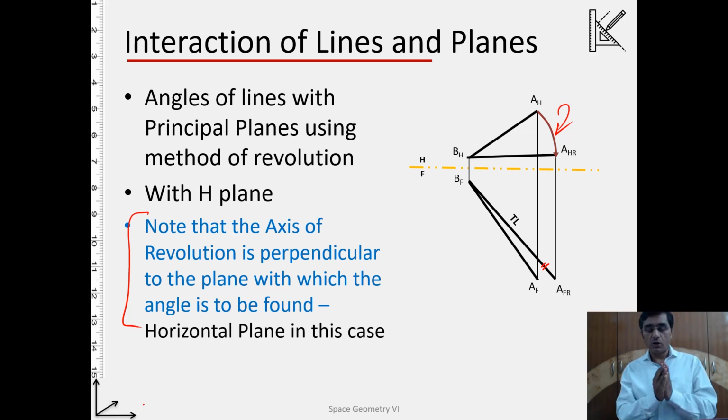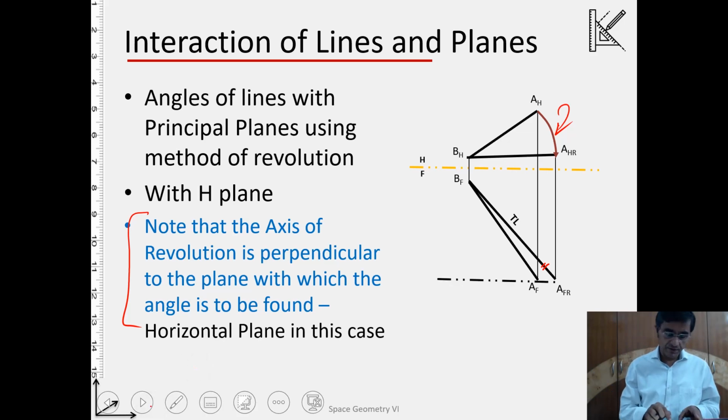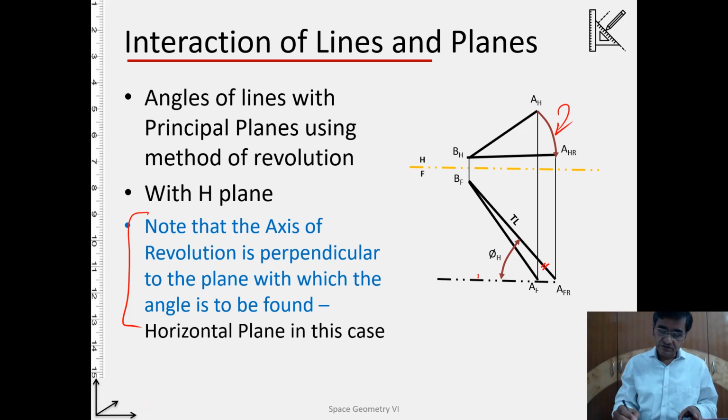So now we have, on the frontal plane, the normal view of the line, and also we know the edge view of the horizontal plane. The angle between these two is the angle of the line with respect to the horizontal plane. So we measure that angle here. That's the angle, because this and this are parallel.